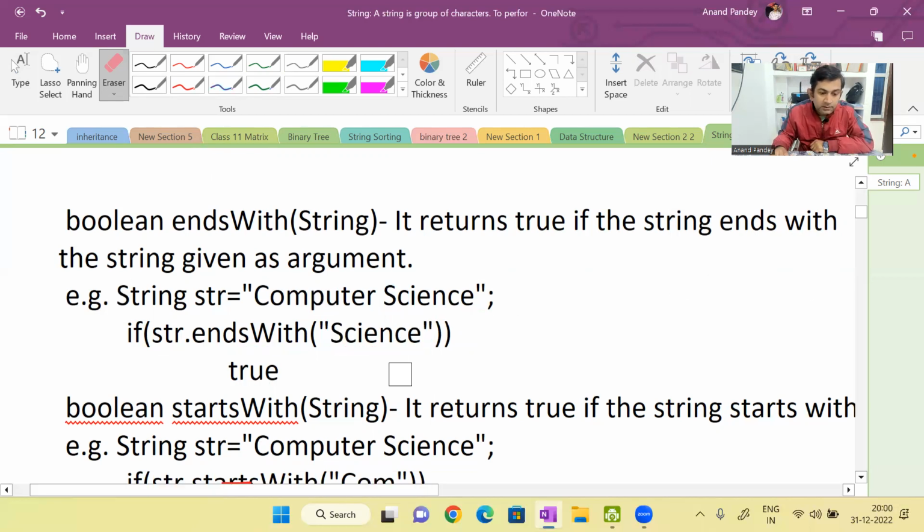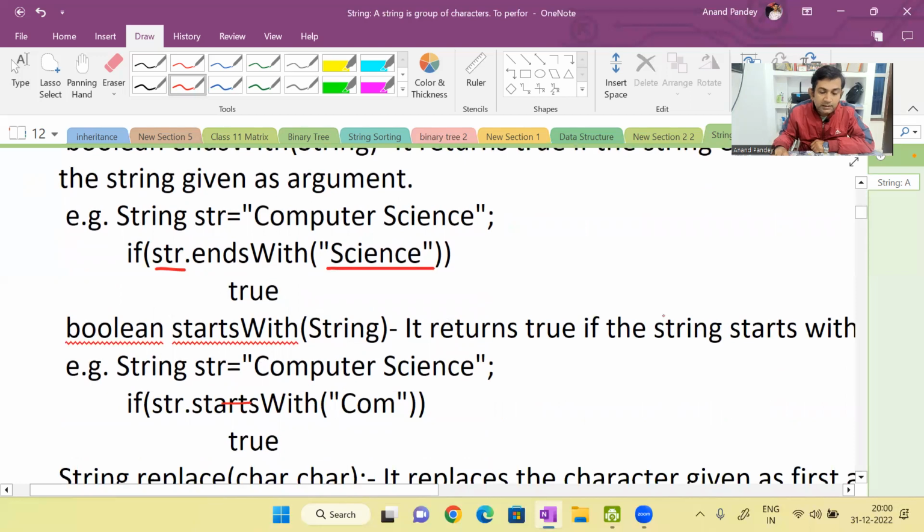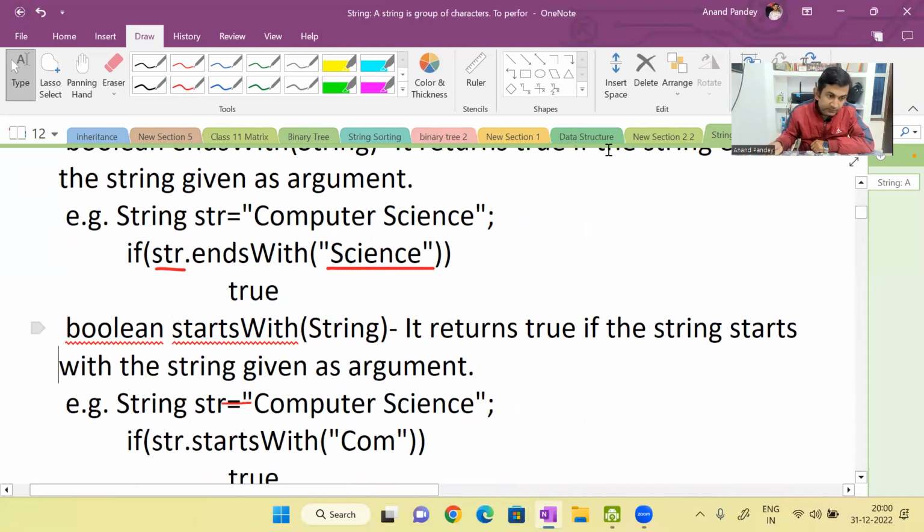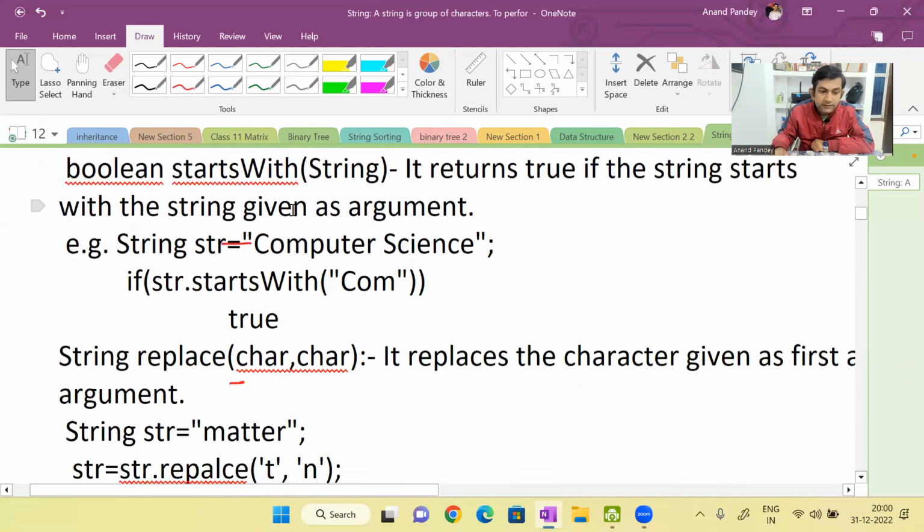Got it? So it returns true if the string ends with the string given as argument. So here the result will be what? True. Like endsWith, we have another function, that is startsWith. It returns true if the string starts with the string given as argument.